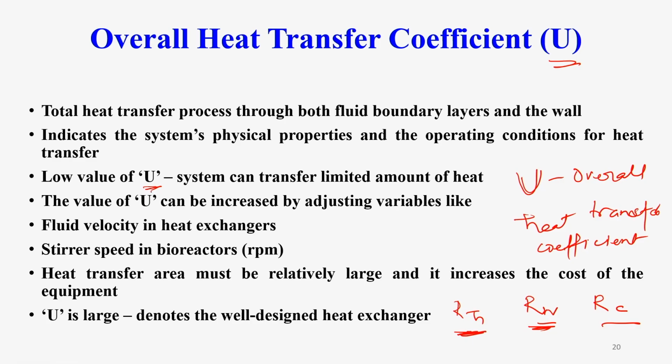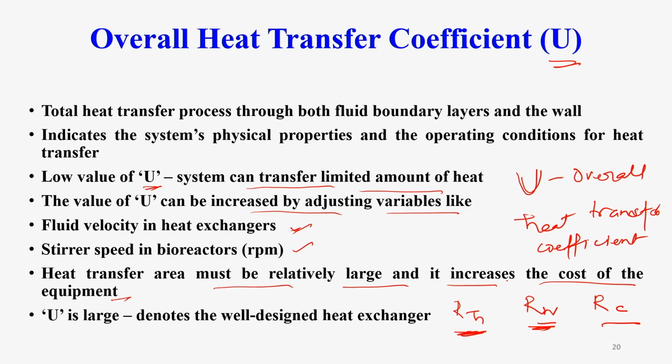Now, for a low value of U, the system can transfer a limited amount of heat, and the value of U can be increased by adjusting different variables like fluid velocity and stirrer speed. The heat transfer area must be relatively large, as heat transfer is directly proportional to area.